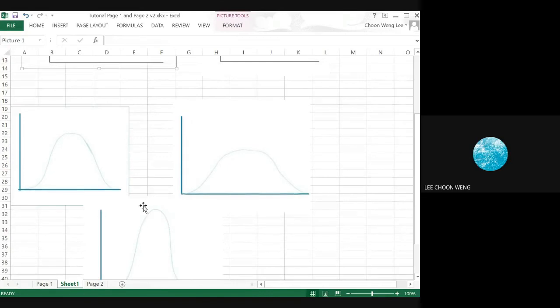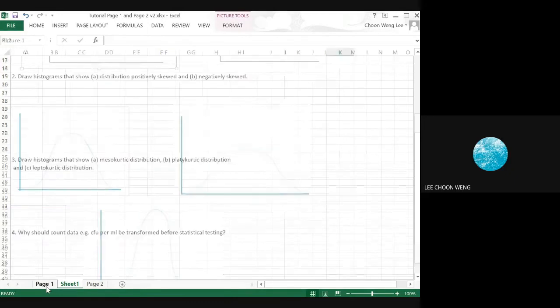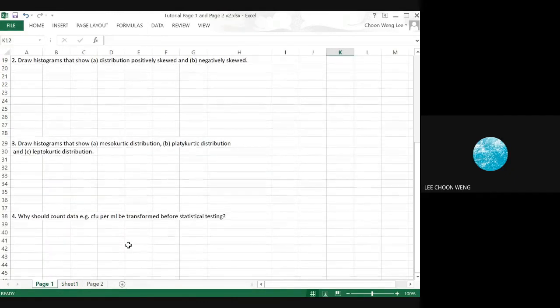Leptokurtic is very sharp, platykurtic is flat, and mesokurtic is about your normal distribution. So this is mesokurtic, platykurtic, and this is leptokurtic.